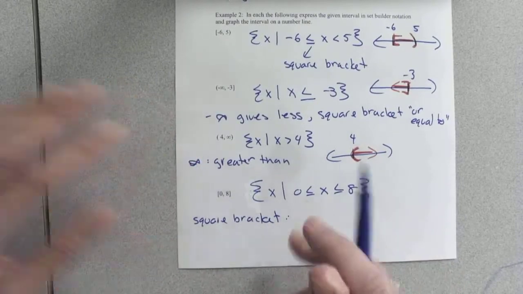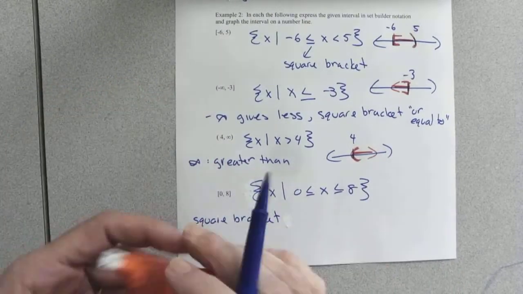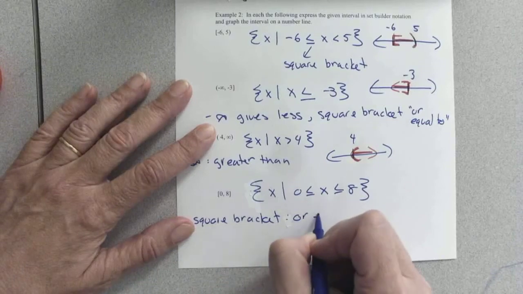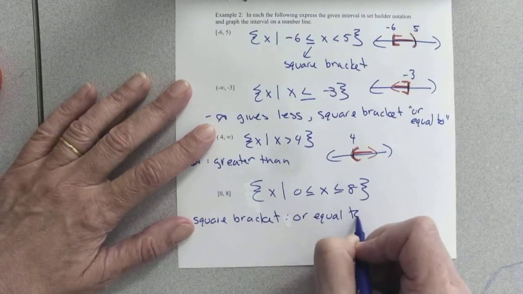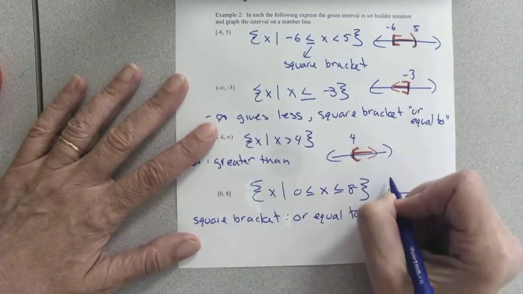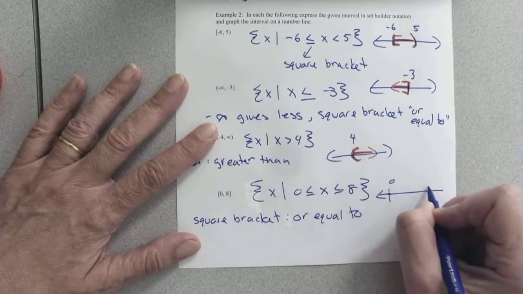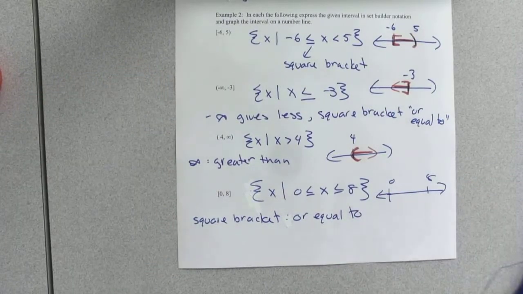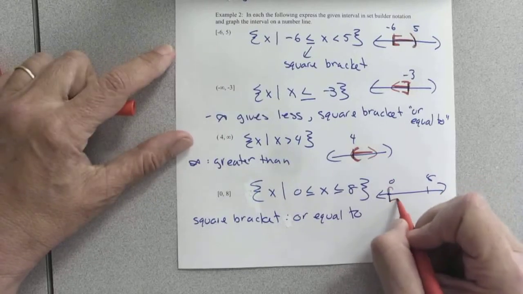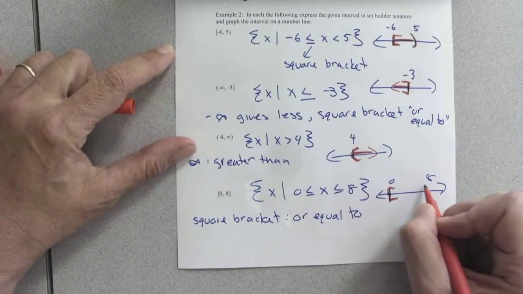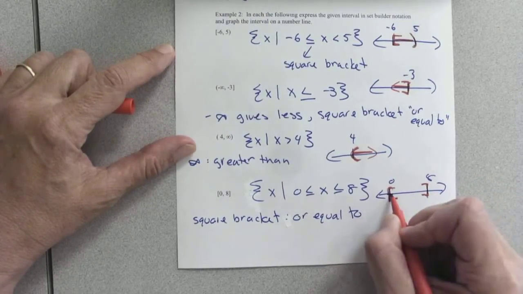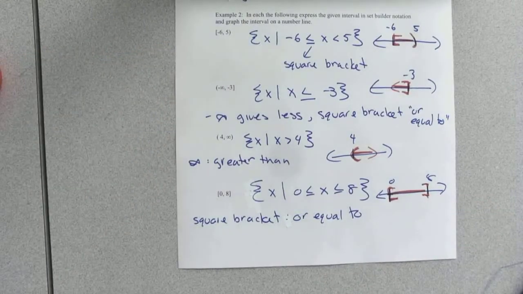Square brackets is the or equal to. And graph-wise, there's 0, there's 8. Square brackets on both of them, and then a line in between.